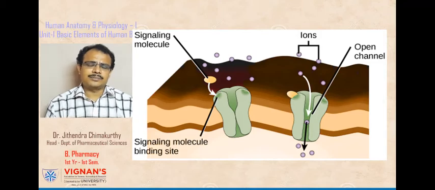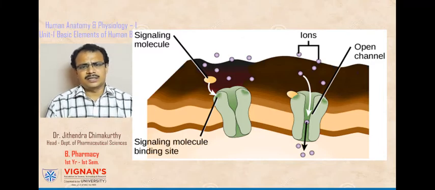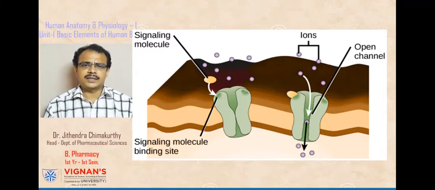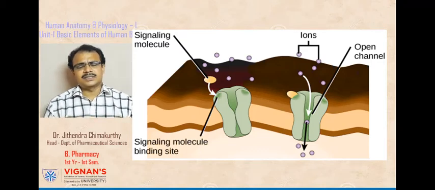So the ligand binding site will be present outside the cell membrane, whereas this amino acid chain or polypeptide chain will be extending throughout the membrane, and intracellularly it consists of the activation sites.